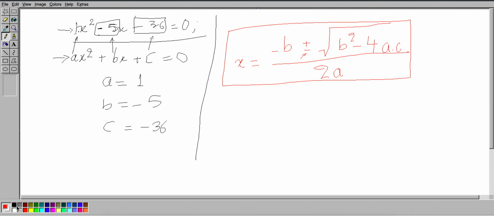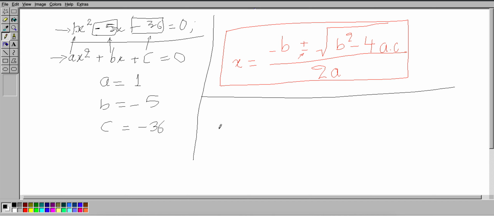So let's try to resolve the equation here. We have a is equal to 1, b is equal to -5, and c is equal to -36. Let's plug these values into the formula.